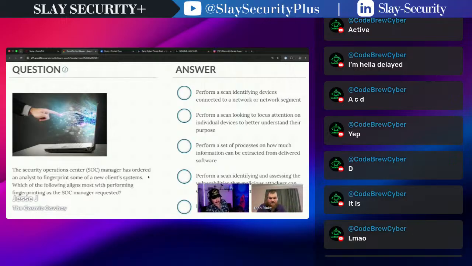Perform a scan identifying and assessing the vulnerabilities. I'm leaning towards D. But when I think of fingerprint, I also think of identifying.